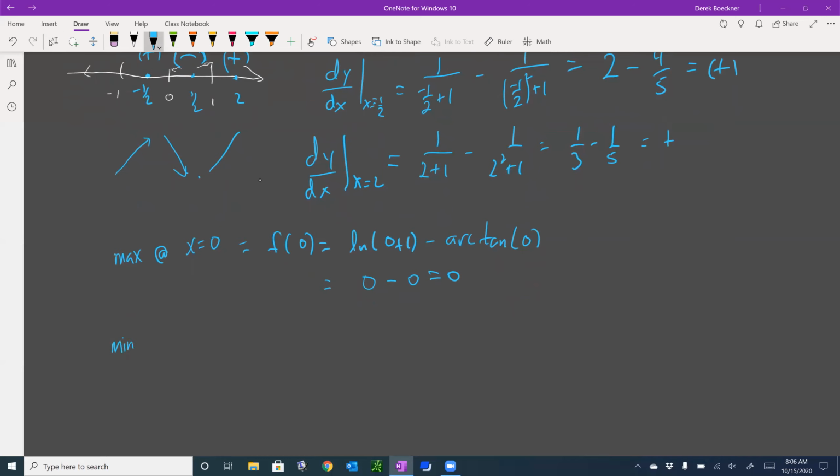And it's going to have a minimum at, what do we say, 1. At x equals 1, which is f of 1, natural log of 1 plus 1 minus the arctangent of 1, which is the natural log of 2 minus the arctangent of 1, which is pi over 4.